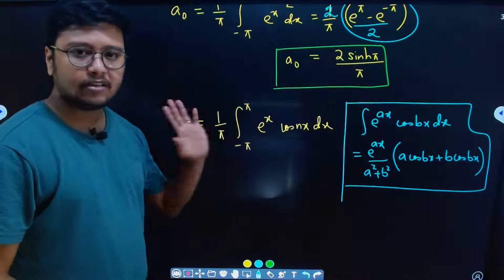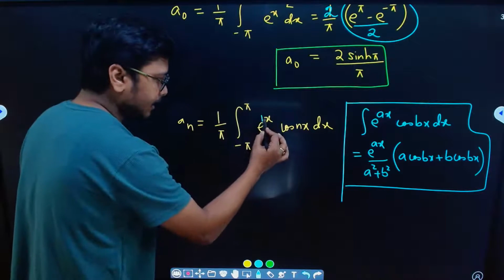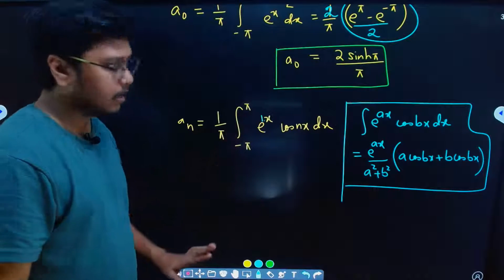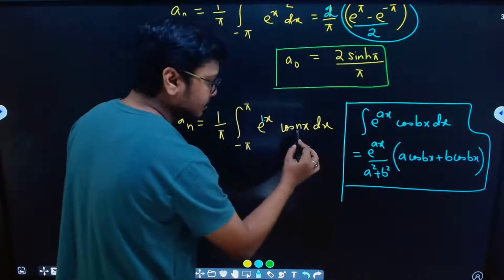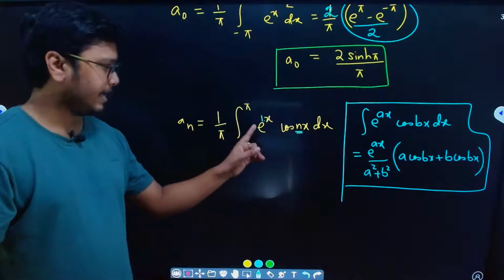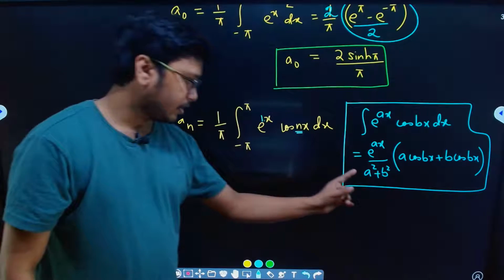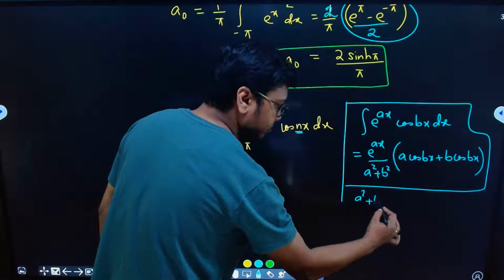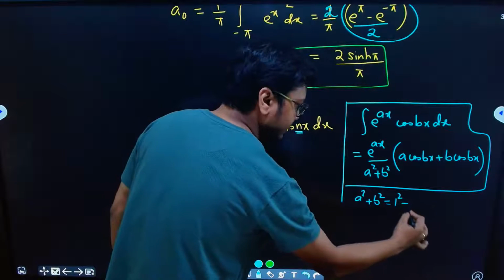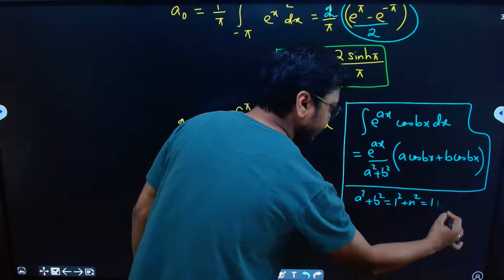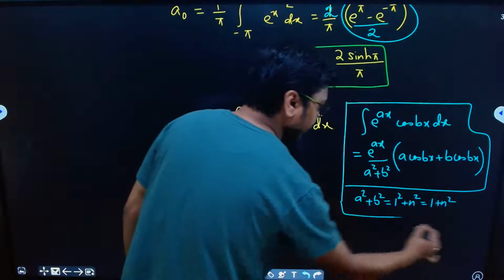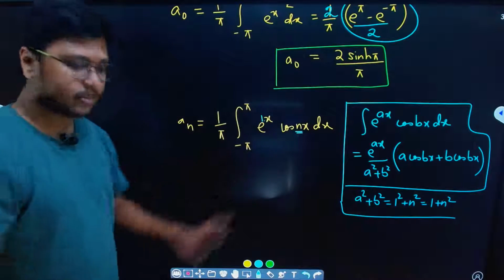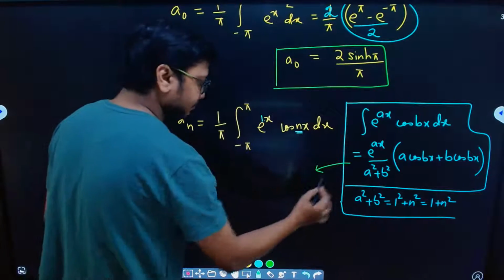Here my a is 1, e to the power 1 into x, and my b value is n. So a square plus b square is going to be 1 square plus n square, which is 1 plus n square. So I'm directly using the formula over here.